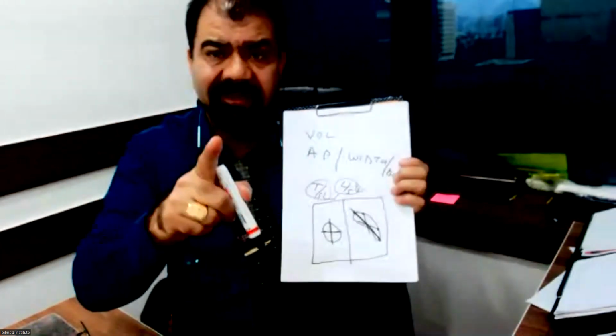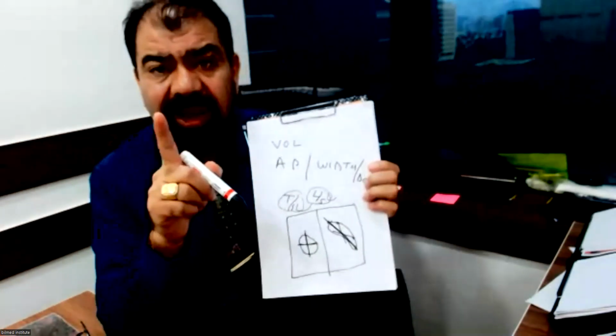Then only whatever the machine gives will be accurate, or otherwise it will be more than the original or less than the original. By original, I mean the actual. So I will recommend you to go to the volume class, in physics and machine settings, where there is a detailed class on how to calculate the volume.